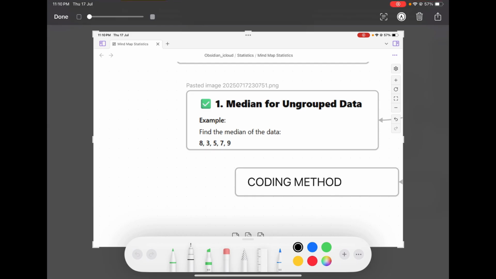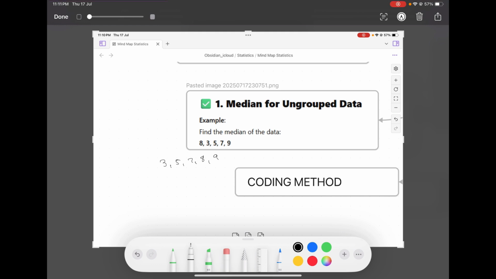It will be 3, 5, 7, 8, 9. You can see the middle value here is 7.